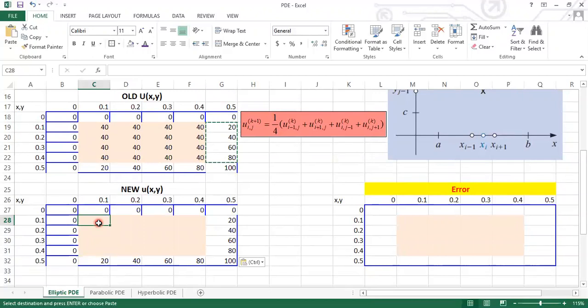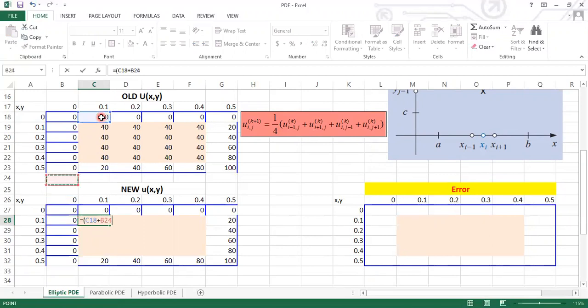So the new value at uij will be equal to the sum of the values of the surrounding neighbors. Let me read these values. The first value was uij minus 1. This was ui minus 1j.